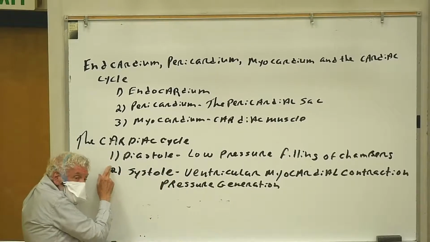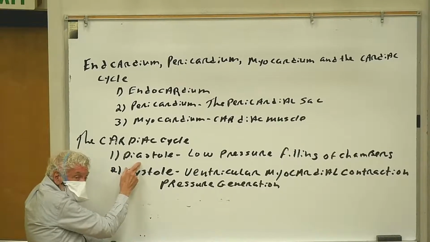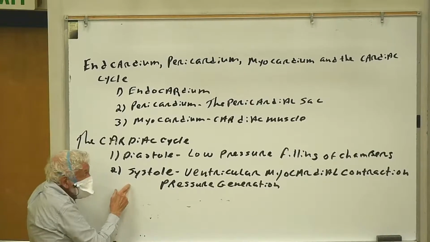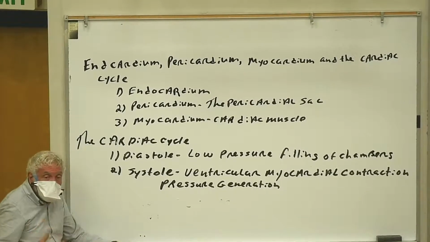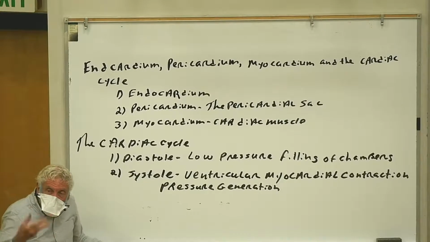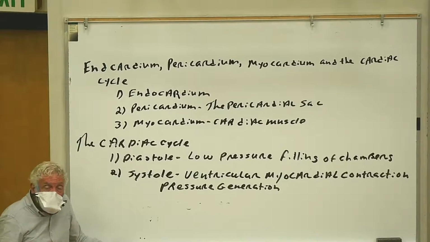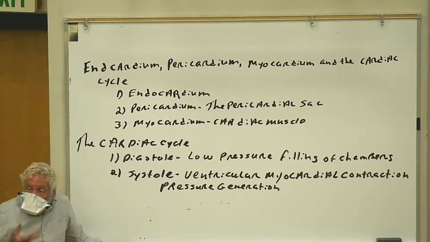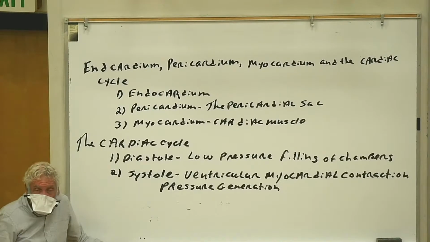Then we'll see the next phase will move from diastole filling to something known as systole. Systole is when the ventricular myocardium contracts. It's the contraction of the ventricular myocardium which generates force and applies that force to the closed volume of fluid in the ventricles.